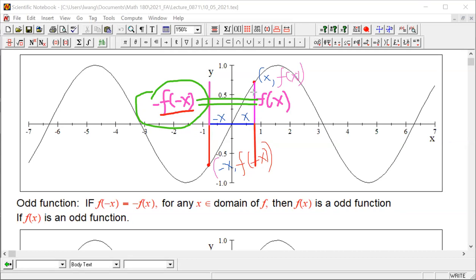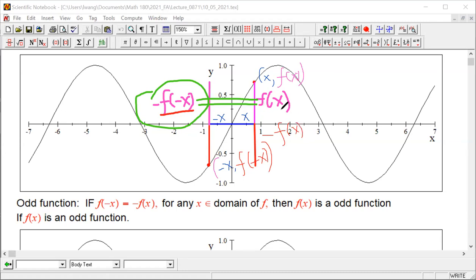And this purple flipped over, you get the red. And how do you express this red? This red is the opposite of the purple f of x. Therefore, that piece is equal to negative of f of x.